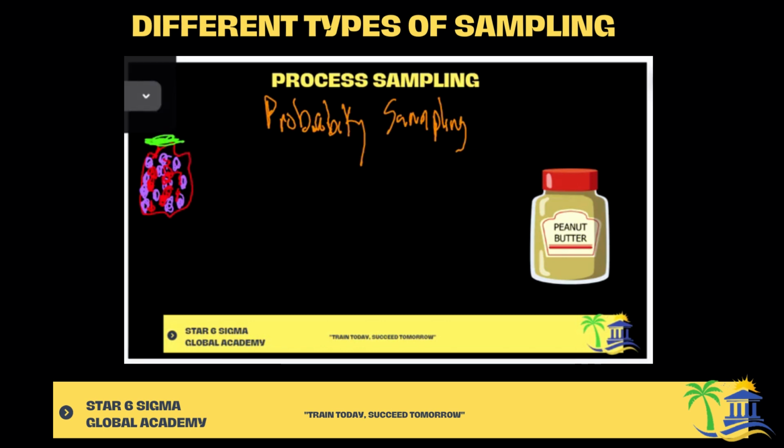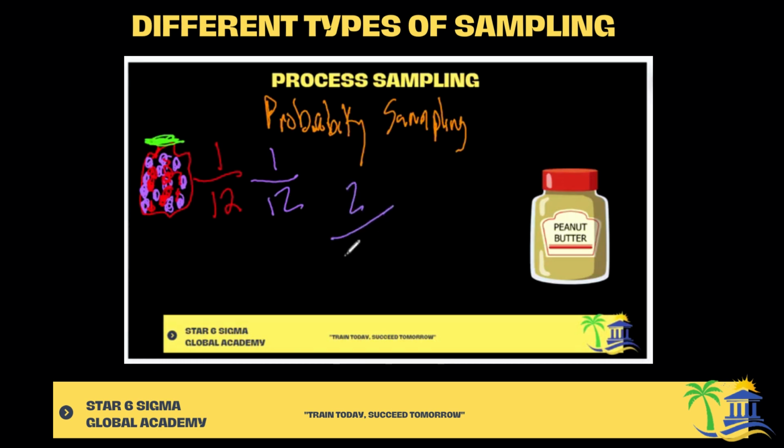Basically every color has the same probability of being selected. Is that 1/6?